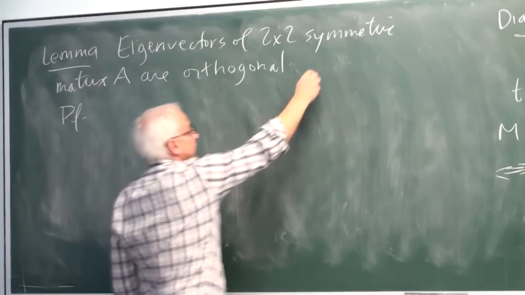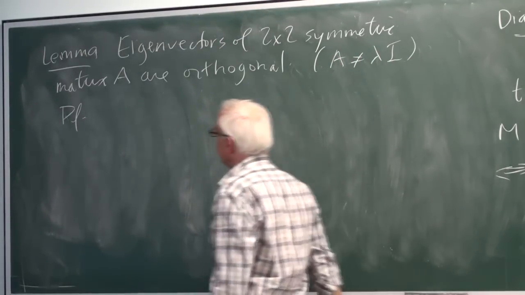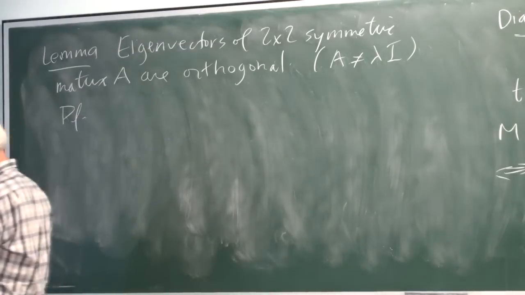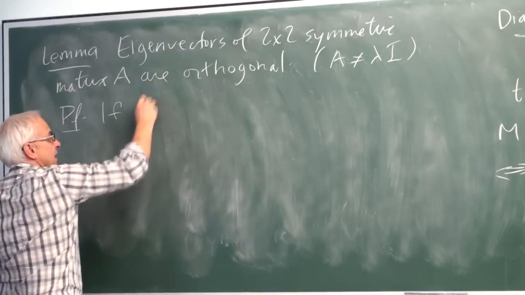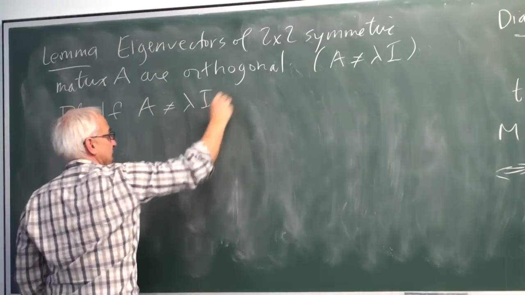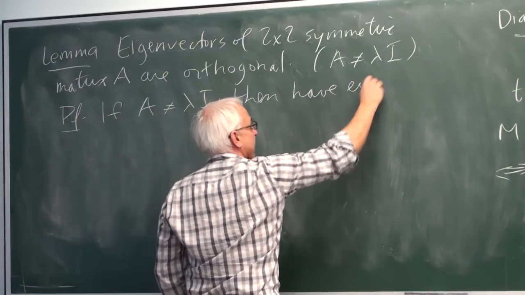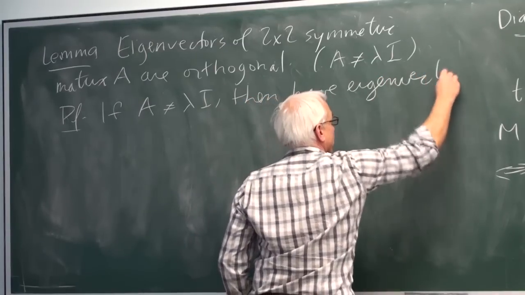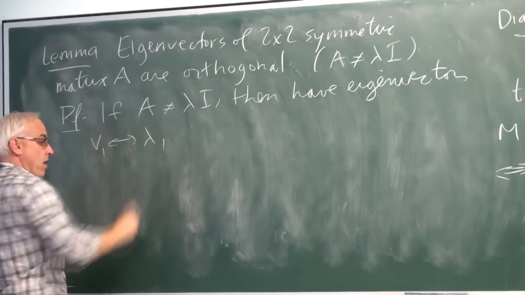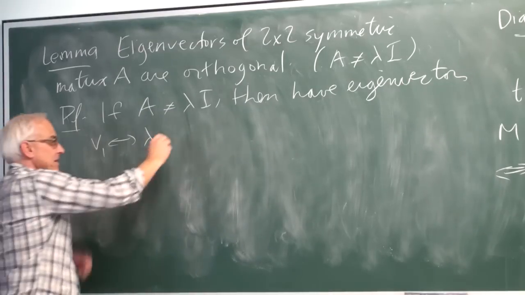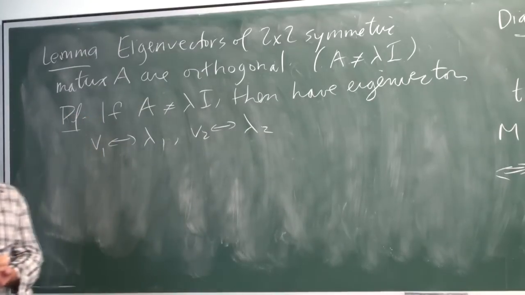And we'll assume that A is not equal to a multiple of the identity. And the proof is that, if A is not a multiple of the identity, then we have eigenvectors, say V1 corresponding to some eigenvalue lambda 1, and V2 corresponding to some eigenvalue lambda 2.